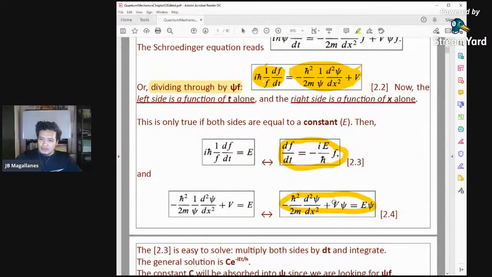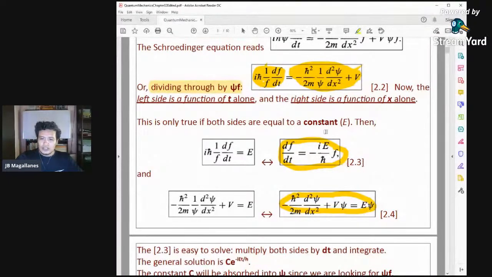And V is the potential, which gives the constraint on the system. And phi is, of course, the wave function. But this time, this wave function is only a function of space. These are called stationary functions, meaning they do not change with time. They only change with position.